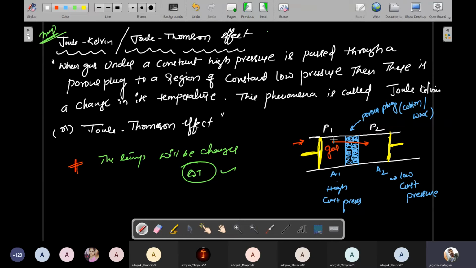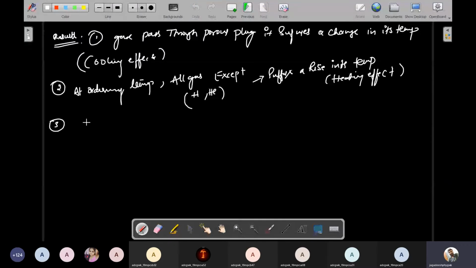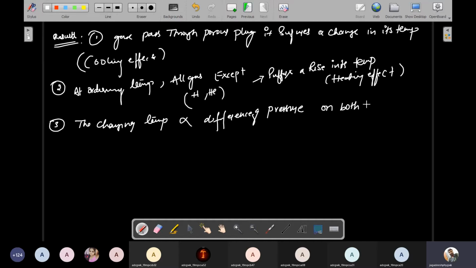The changing temperature is directly proportional to the difference of these pressures on both sides of the porous plug. Observe that important point.